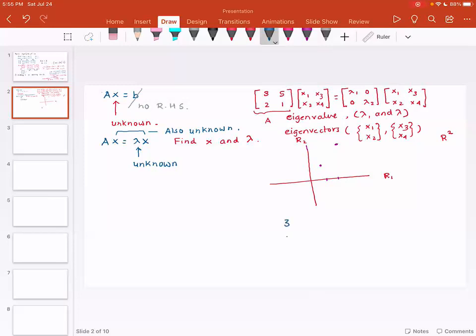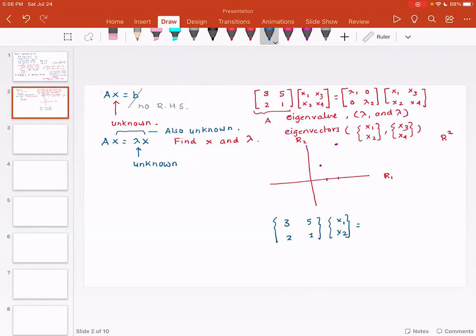So 3, 2, then I have 5, 1. And if I multiply this by, I'm just going to say x1 and x2, then I have an equation which is first row, first column, and second row, first column.